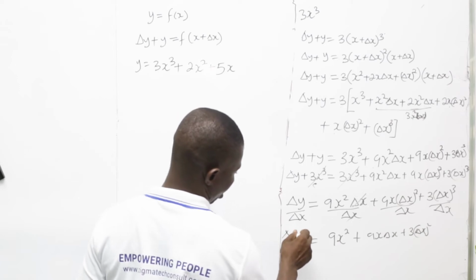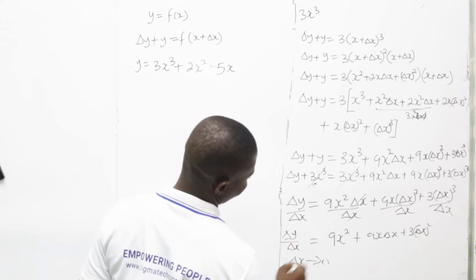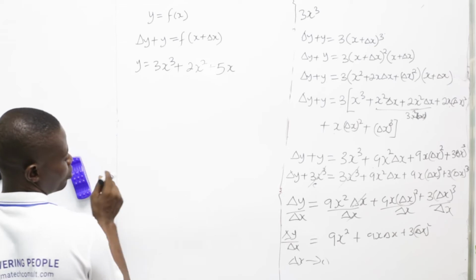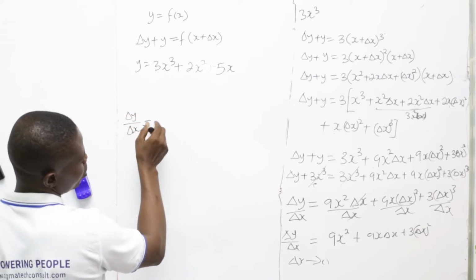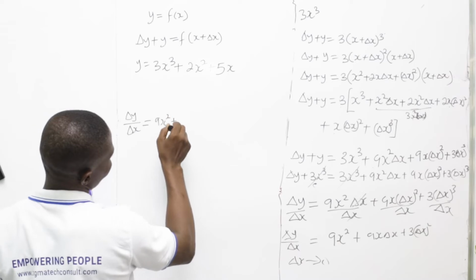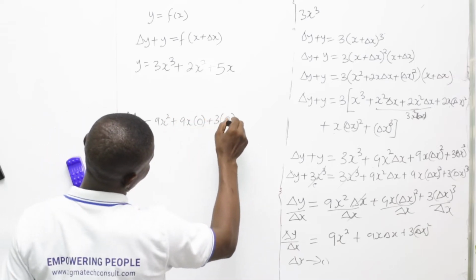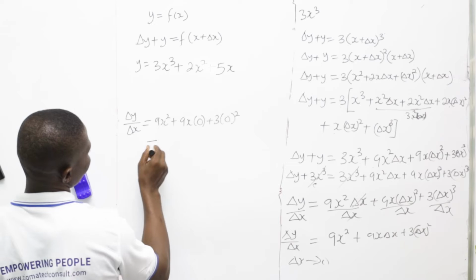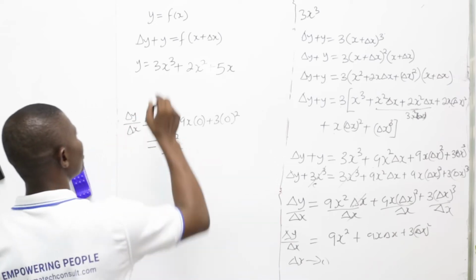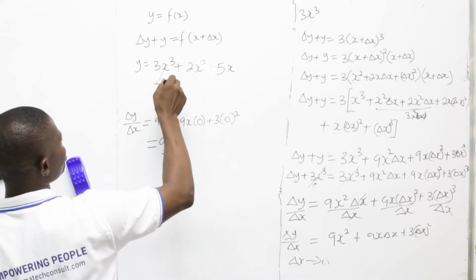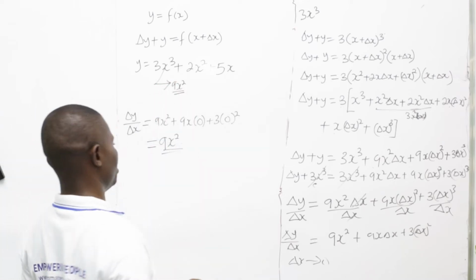So dy over dx, as change in x approaches 0, equals 9x squared plus 9x times 0 plus 3 into 0 all squared. Our solution is 9x squared. So for this 3x cubed, the solution is 9x squared. You keep the answer.